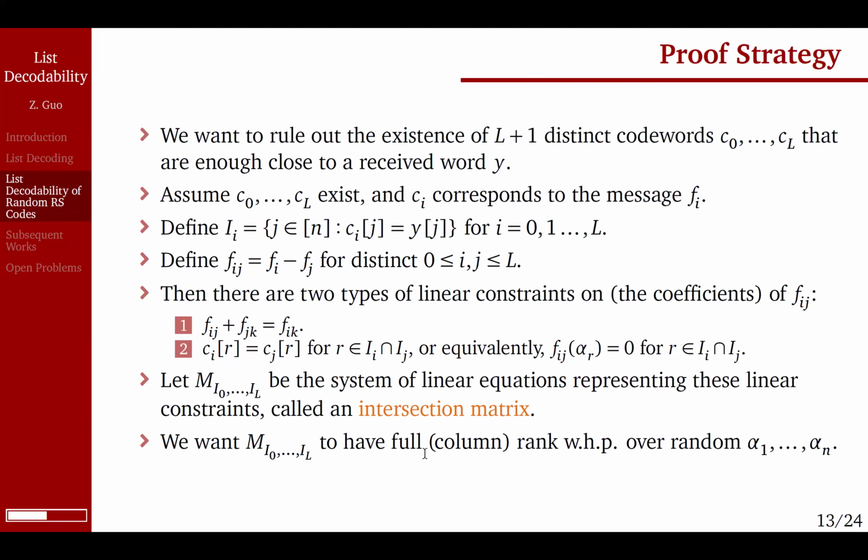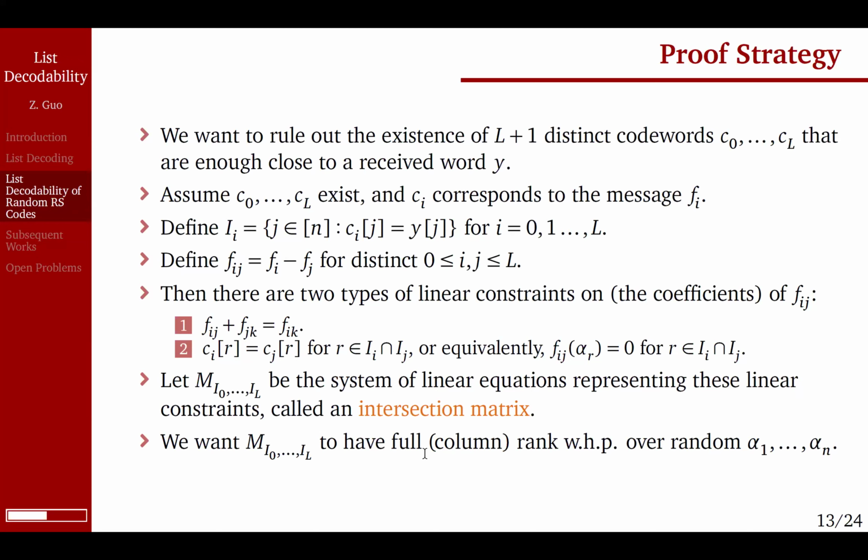Because if it has full column rank, then it has no non-zero solution. On the other hand, because Fij comes from codewords, taking the difference, the difference is non-zero, so it gives you a non-zero solution. But full column rank means there is no non-zero solution. That would be a contradiction.